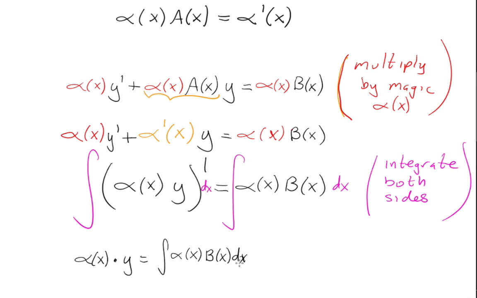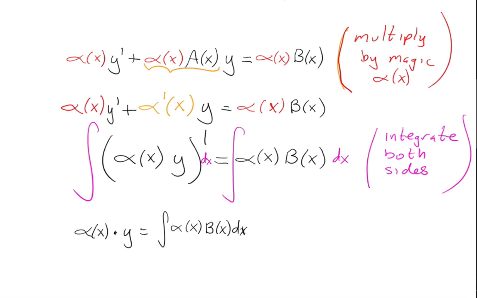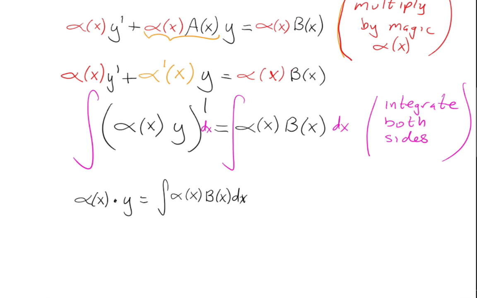Okay, now here this is a be careful moment here. So I can solve for y easily here, right? So how do I solve for y? Yeah, just divide by alpha of x, right?